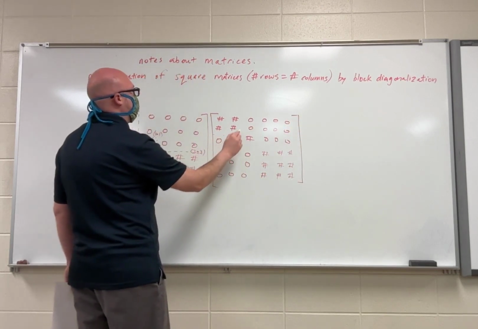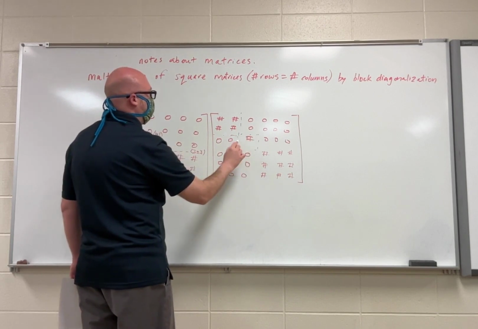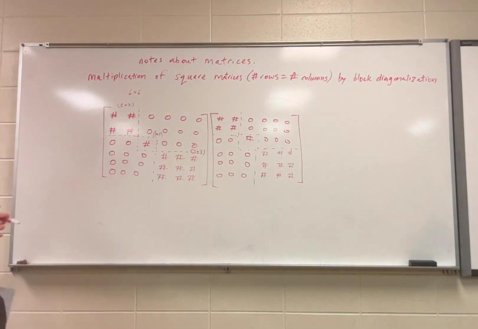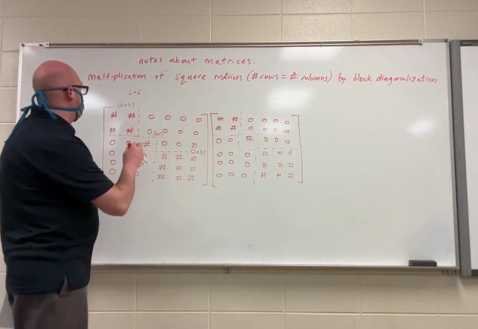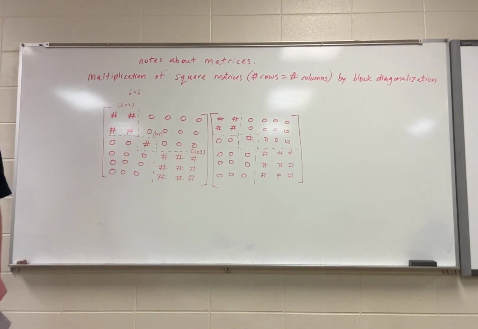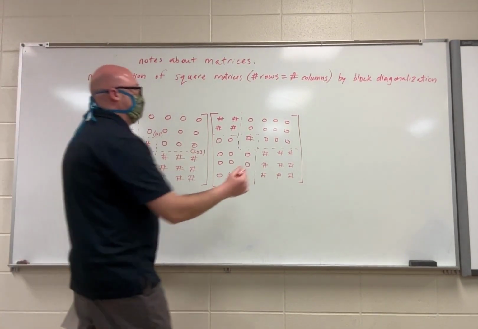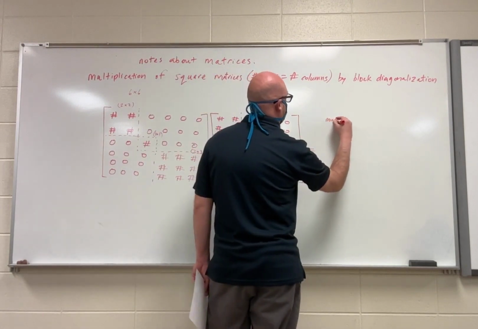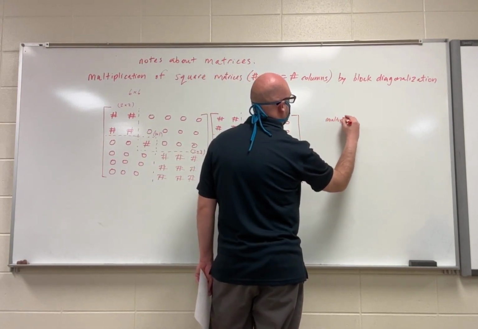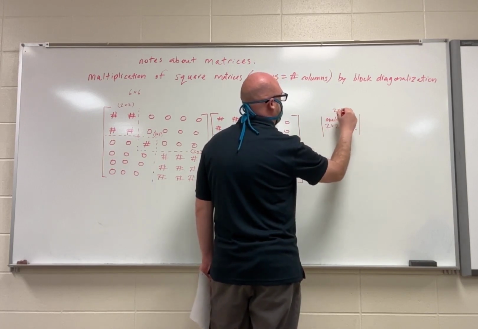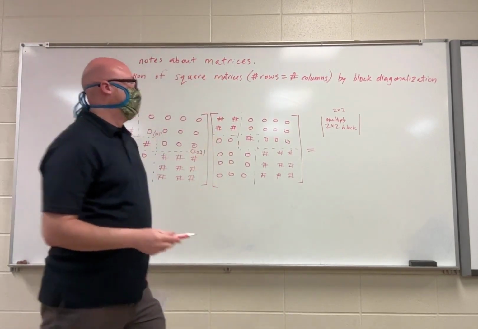Right, so there's the 2 by 2, the 1 by 1, and then the 3 by 3. So the matrix multiplication, you just take the 2 by 2 block matrices and multiply those. So you should generate a 2 by 2 square matrix.